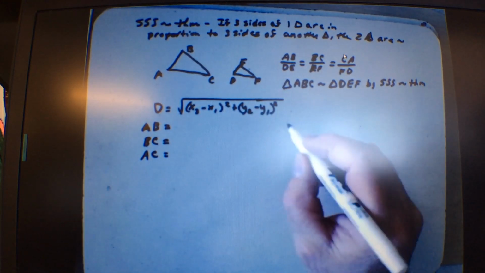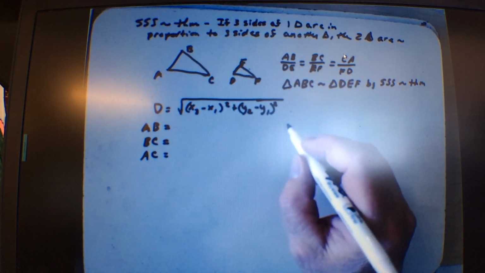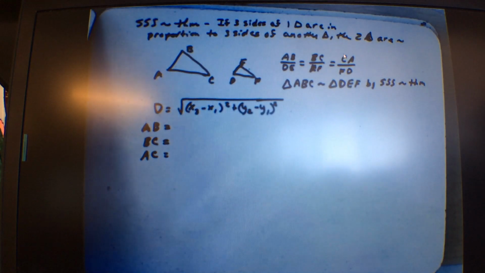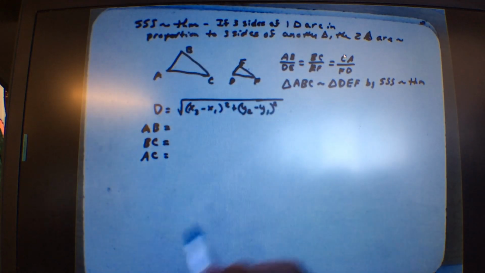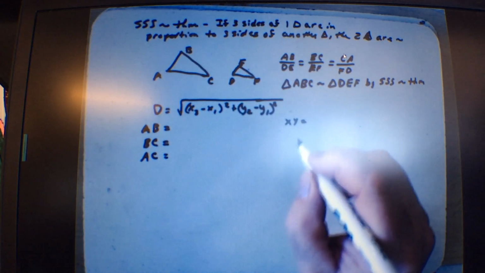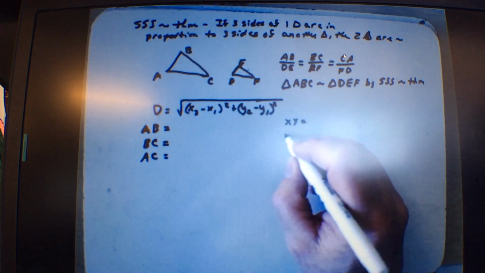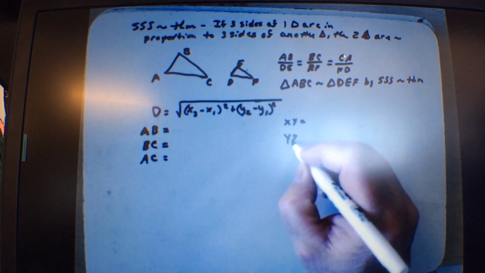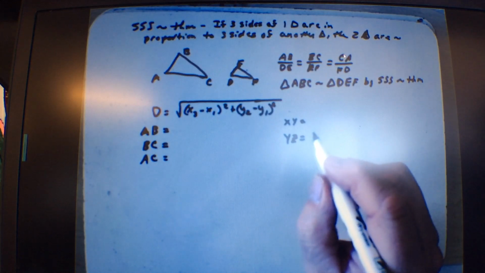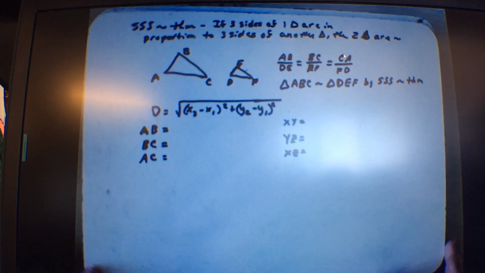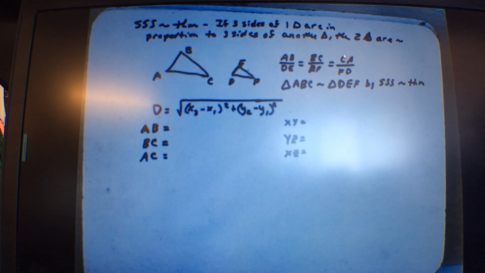All right, on the big triangle, I want Tyra and Kagan, I want you to do XY, right? And then I'm back over here with Kellen and Aubrey. Will you do YZ? And then Connor and Dylan, will you do XZ? Okay? All right, when you get a distance, leave it in simplest radical form, would you please?